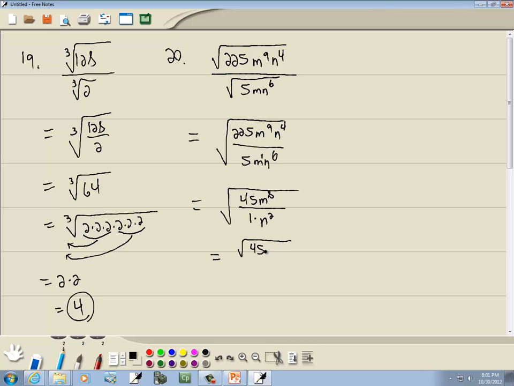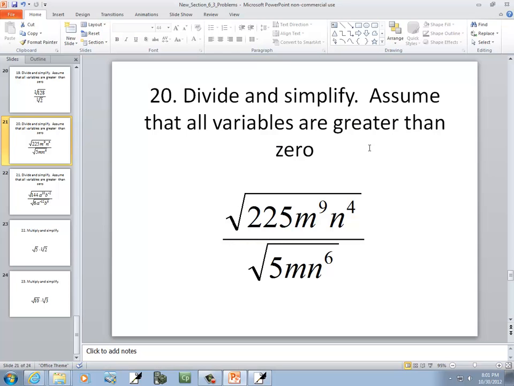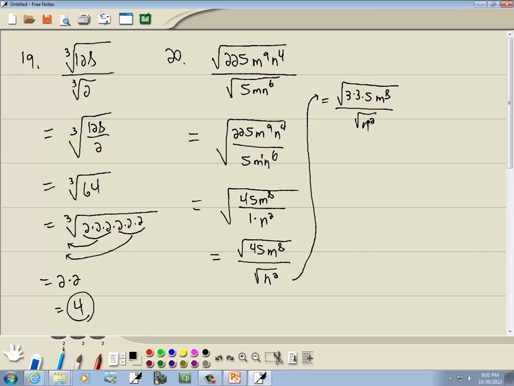So we're going to put the square root on top, and we'll put a square root on the bottom. On the top part, I'm going to write the prime factorization of that number. That's 3 times 3 times 5, m to the 8th, over square root of n squared. Now our answers say assume that all variables are greater than 0, so we still don't need to worry about absolute value bars. So let's look at the m's.